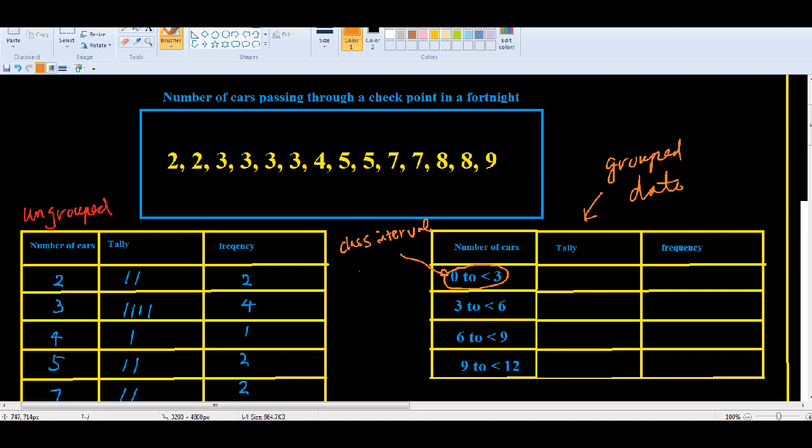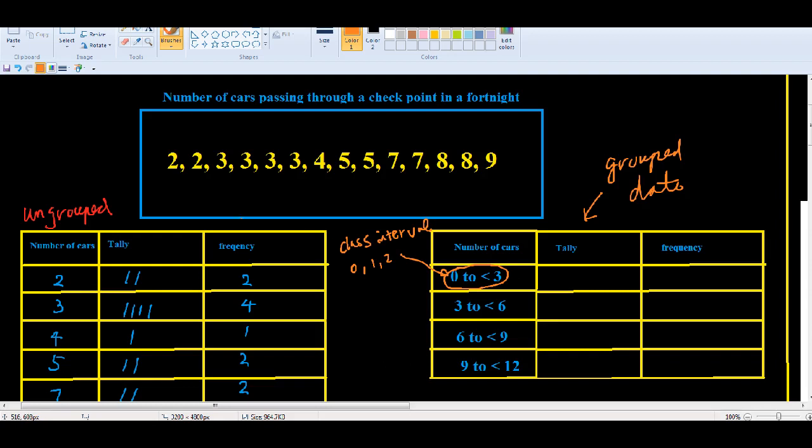From that interval, we collect data from 0 to less than 3. That means you only collect data for 0, 1, 2, because data must be integer in this case.